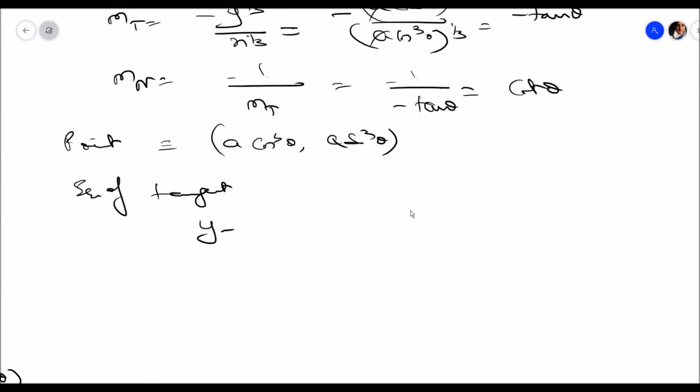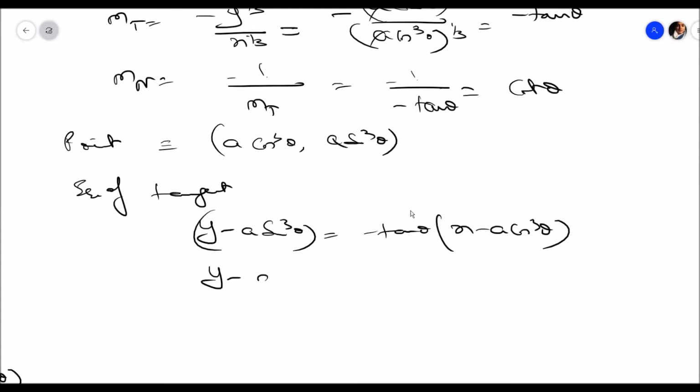So y minus y1, that is a sine cube theta, is equal to minus tan theta into x minus a cos cube theta. Fine. So I'll just rearrange these to write it as y minus a sine cube theta is equal to sine theta by cos theta. This minus I'll send inside and write it as a cos cube theta minus x tan theta.